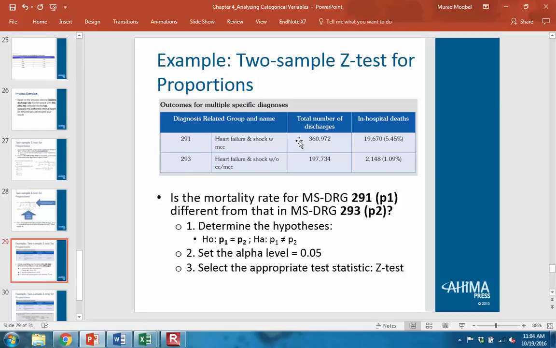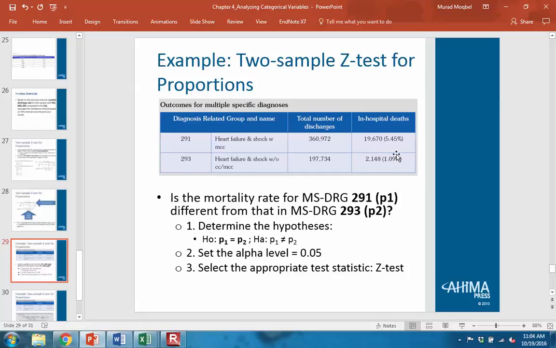They give us the sample size for DRG 291 and the sample size for DRG 293, and they also gave us the death or mortality rate, meaning how many people were discharged dead for DRG 291, and how many were discharged dead for DRG 293.